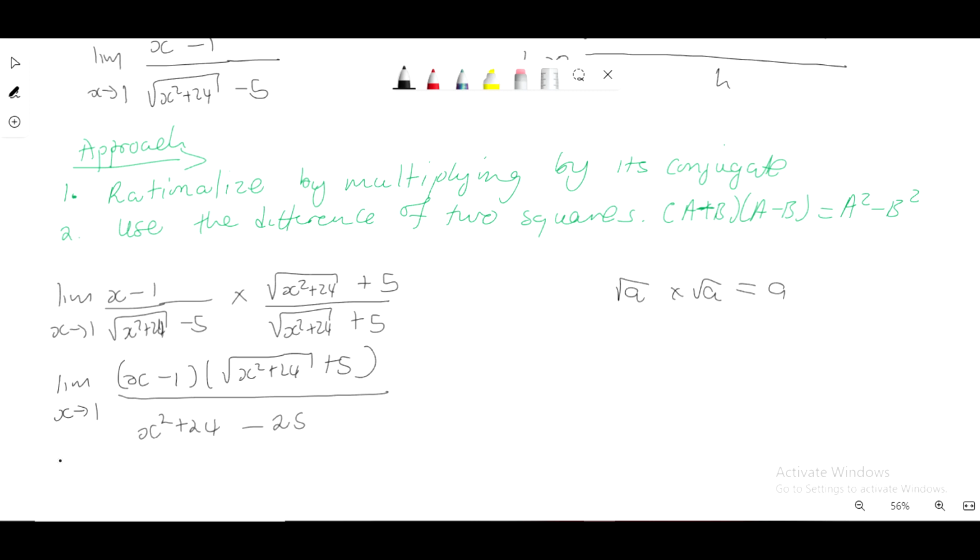I'm sorry about that, the limit. Now at the top I still have that plus 5. What do I have at the bottom? At the bottom I'm going to have x squared minus 1.